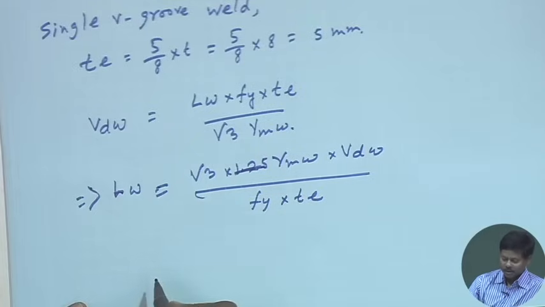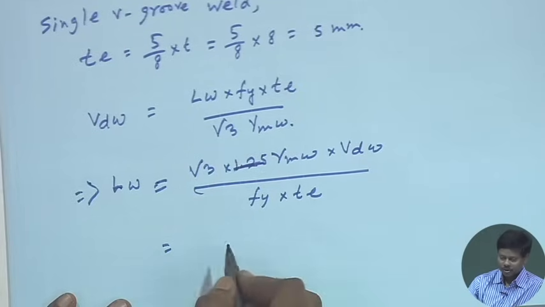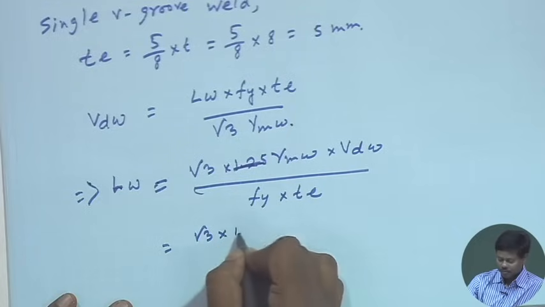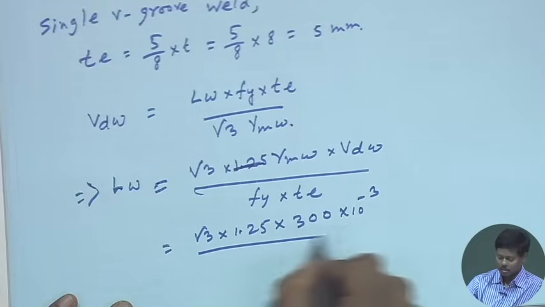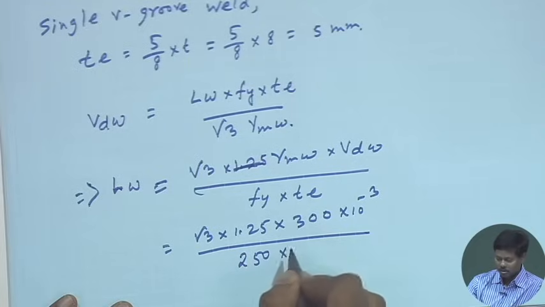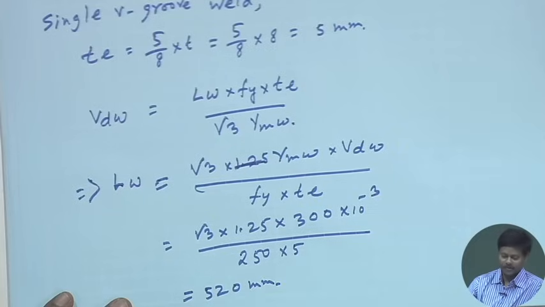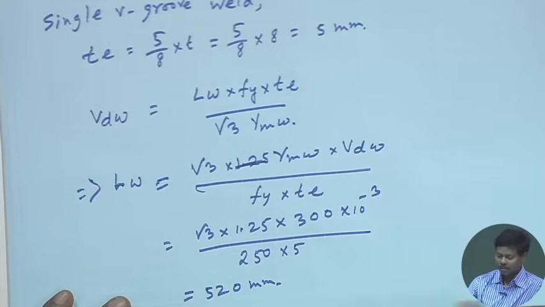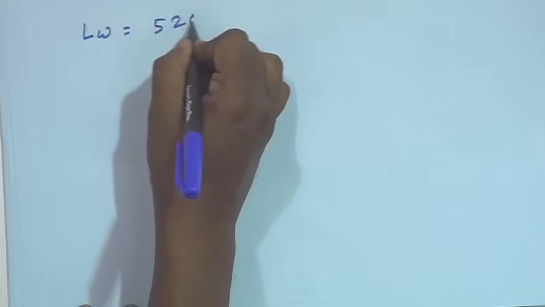Vdw is basically V here, the design strength has to be equal to the shear force. So, we can find out root 3 into 1.25 into 300, for making kilonewton we will multiply with 10 to the minus 3, by 250 into 5. So, this is becoming 520 mm, right. So, the effective length of the weld Lw will be 520 mm.